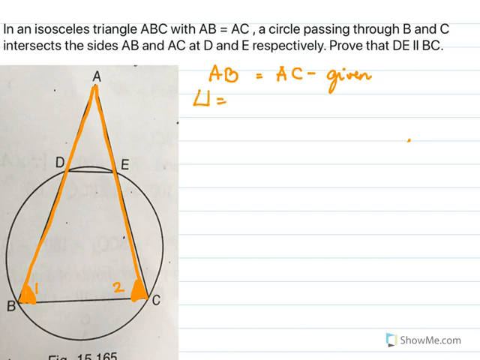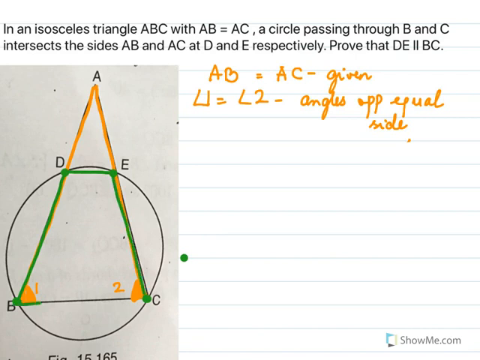Therefore, angle 1 equal to angle 2. This is angles opposite equal sides. This is one part. Now we have a cyclic quadrilateral here, that is DECB. This is cyclic, because the 4 points are on the circle.